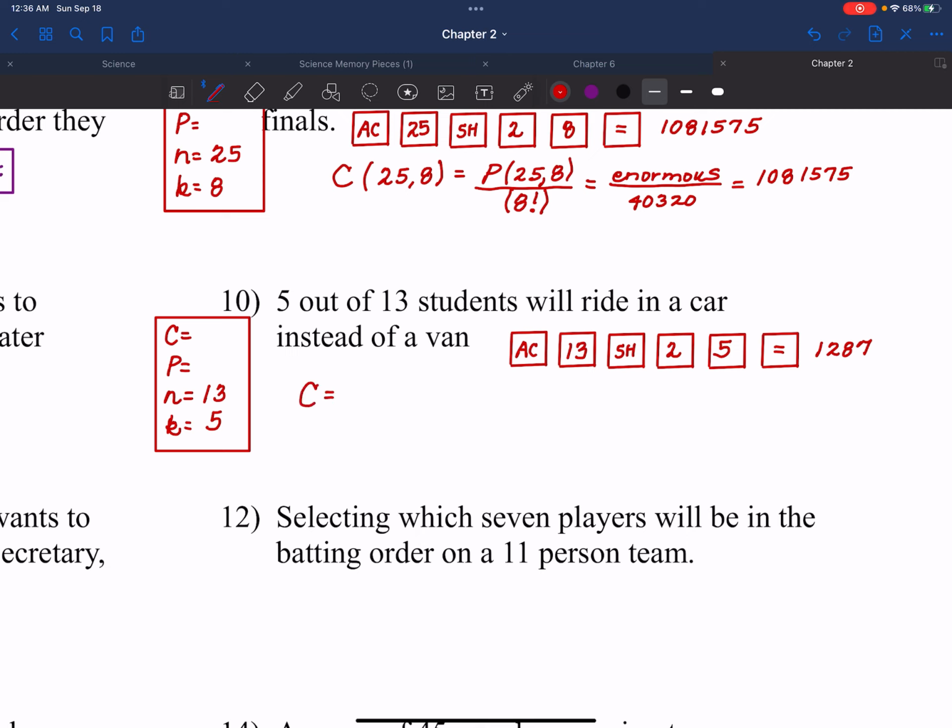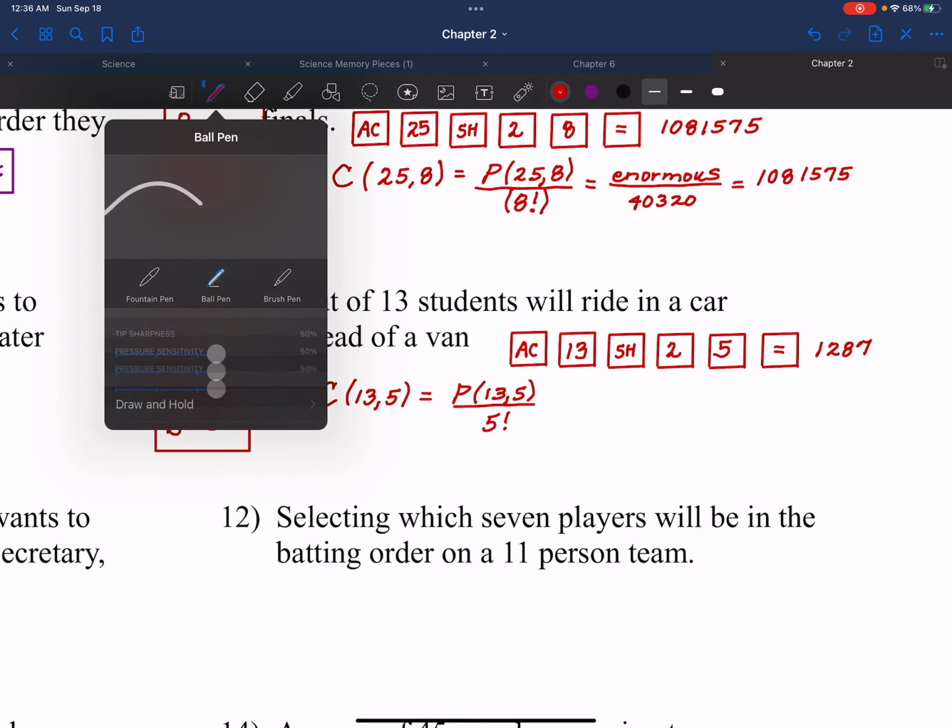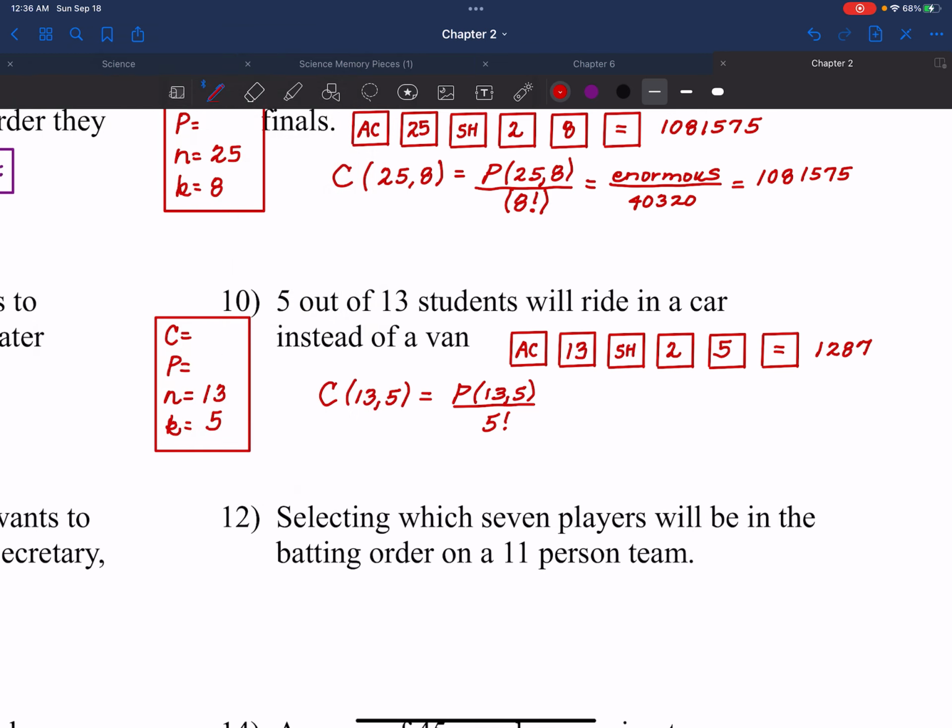So we have combination of 13, 5 is the permutation of 13, 5 divided by 5 factorial. And I've stuck that equal sign in there again. All right, so let's do the permutation of 13, 5.